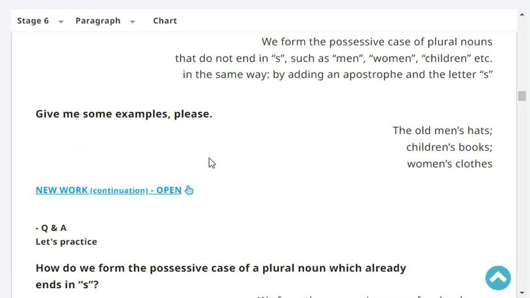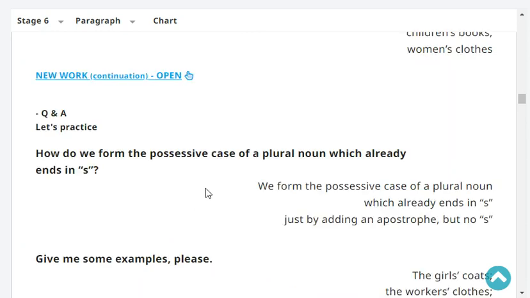The old man's hat, children's books, women's clothes. Very good.